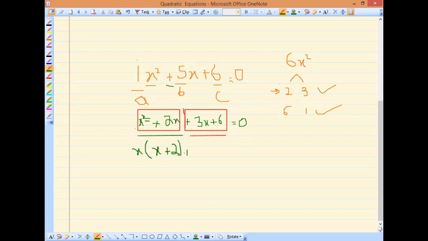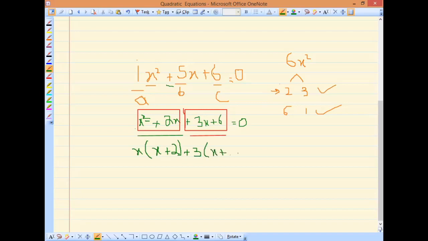I will write sign plus. Okay, so here 3 is common. 3 ones are 3 and 3 twos are 6. So here I will write 3. Here x 3 is taken and 1 will be remaining. So we won't write 1, we will just write x. So it will be x, and 3 twos are 6.